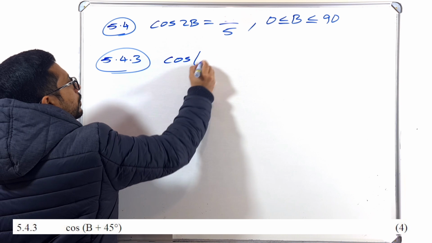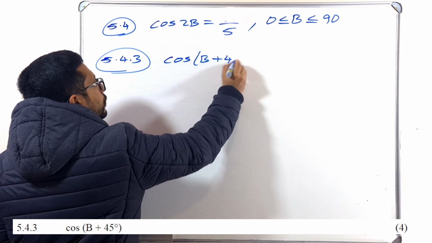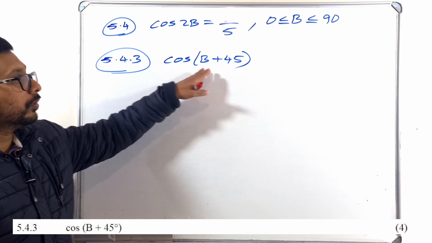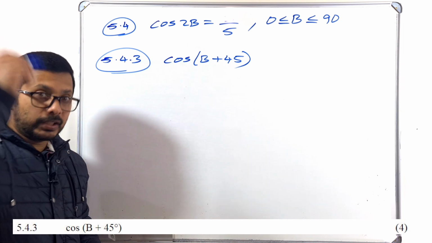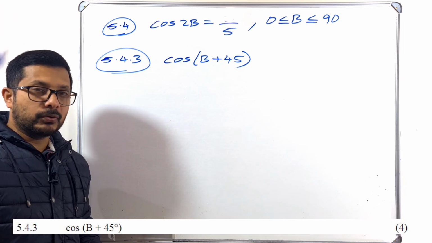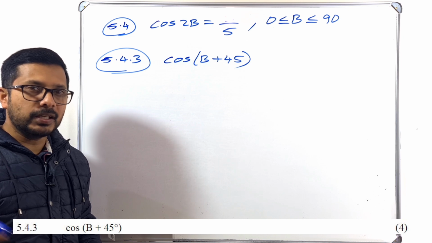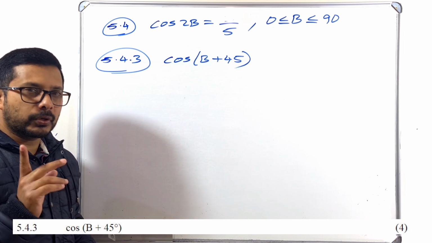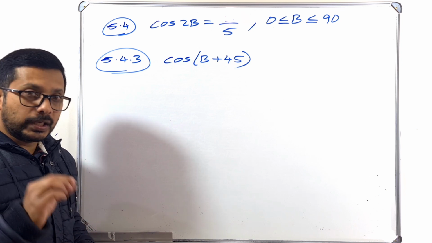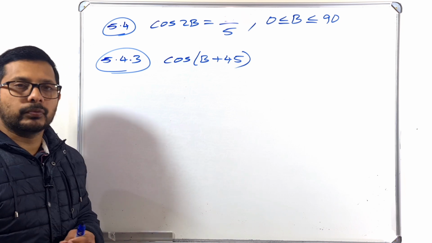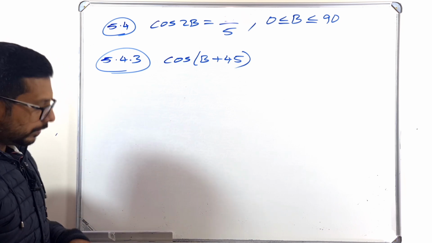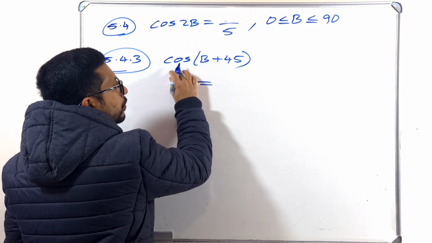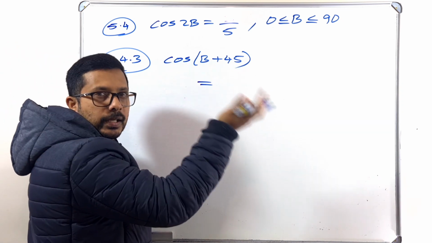The expansion of this one is already given in the previous questions, cos of A plus B. It's better to learn this formula by heart, it's very important, or in case of any doubt, look at the formula sheet. So here cos of B plus 45, what is our expansion? Cos A cos B minus sin A sin B.